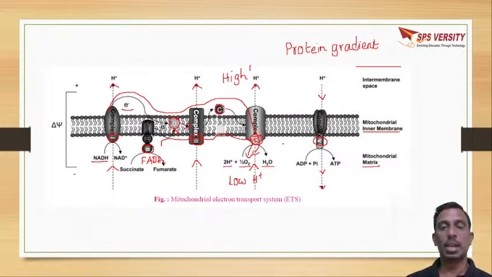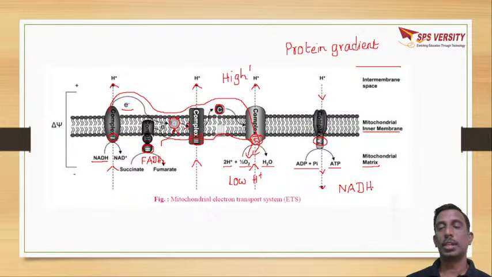Here protons are moving from high concentration to low concentration. So इसके वास्ते क्या होता? As protons are moving from high to low concentration, energy is released. This energy is used for combining ADP with inorganic phosphate, and it will form ATP. So finally, NADH2 and FADH2 are converted to ATP. इसमें 1 NADH2 is equal to 3 ATP.